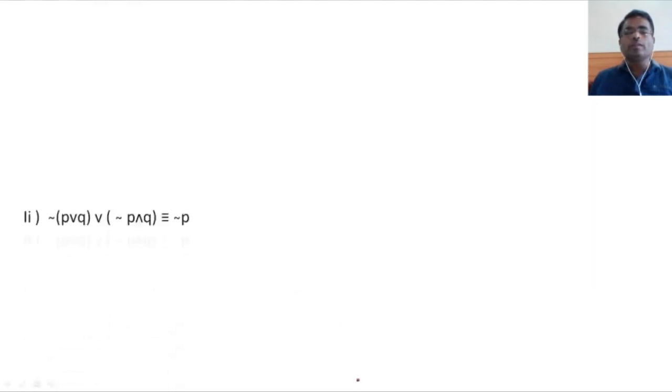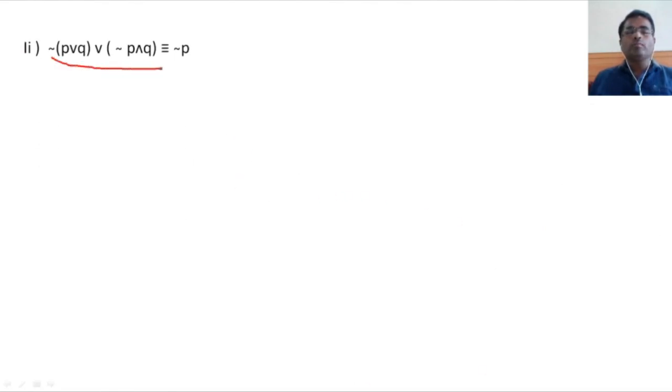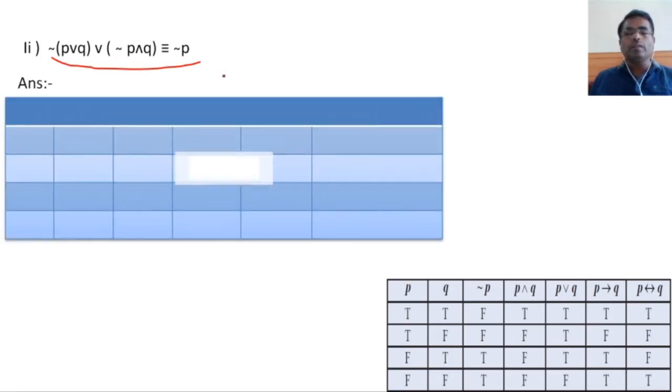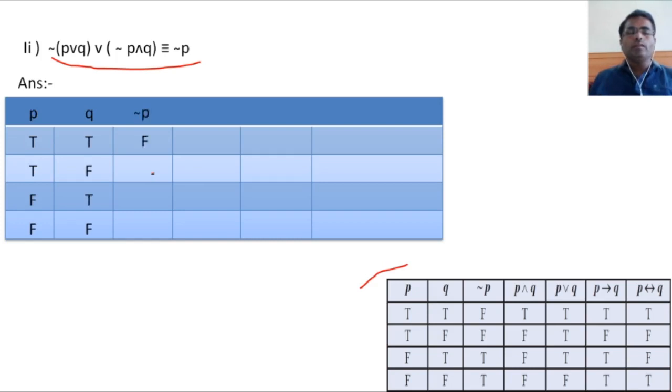Similarly we are considering the second example, that is negation (P or Q) or (negation P and Q) is logically equivalent to negation P. So to understand this, consider the table like this. This is our reference table. Now P has values true true, false false, then Q has values true false, true false, then negation P we need on the right hand side, so that is considered here.